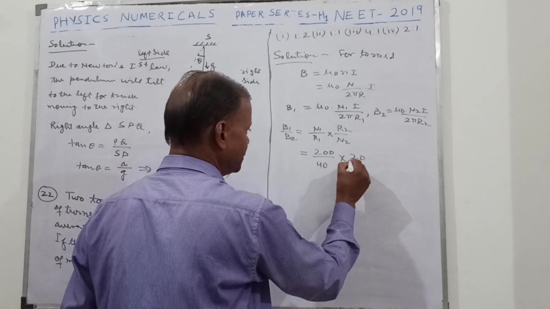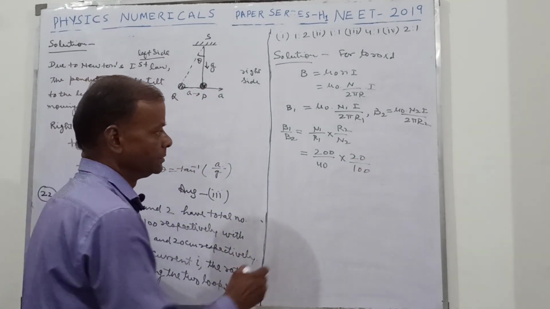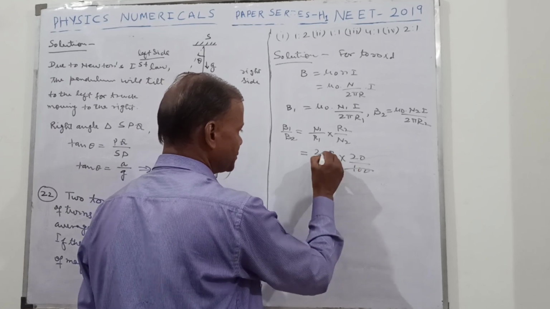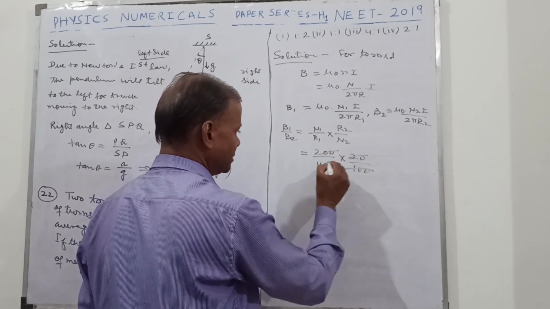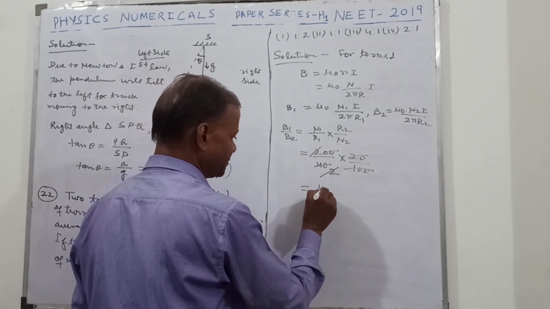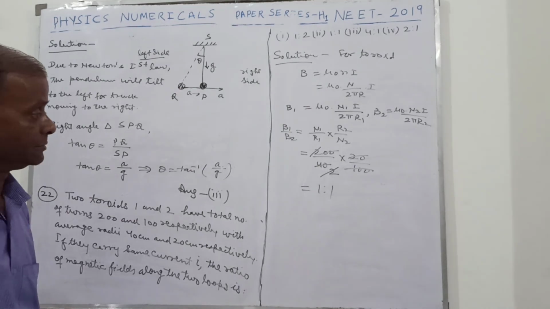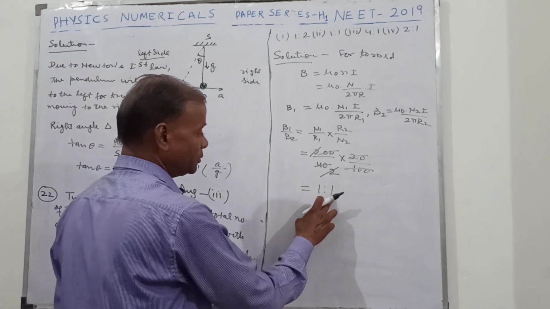This is 20 centimeter. This is 100. Then you cancel this by this, 2 by this 2. So what is left? 1:1. All quantities have been cancelled. So the ratio will come out to be 1:1.